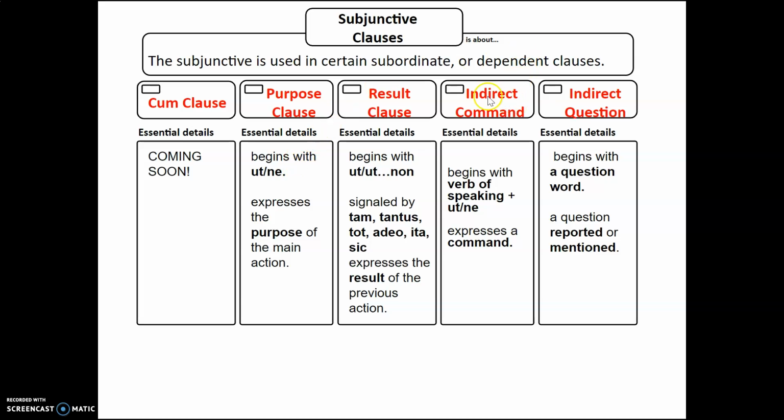We've learned indirect commands that look a lot like purpose clauses, but they begin with a verb of speaking, and they also have ut or ne in the middle. They express a command. And most recently, we've learned indirect questions. They begin with a question word, and it's a question reported or mentioned.